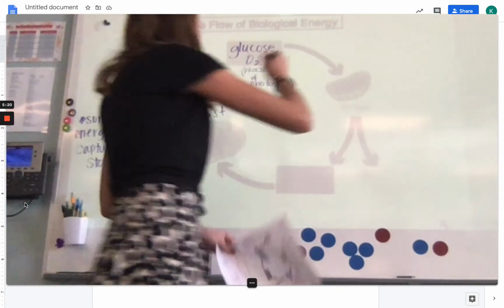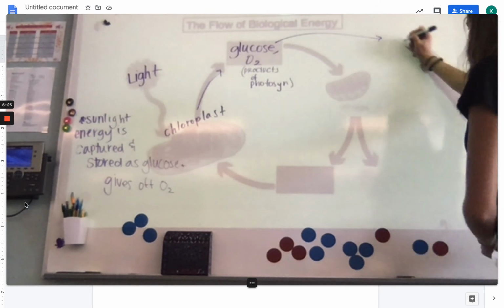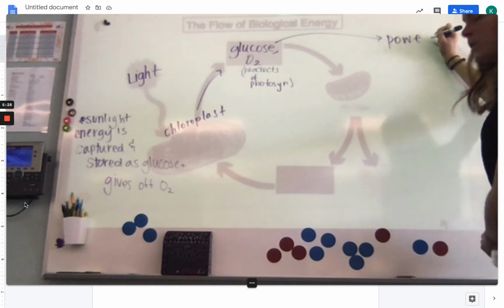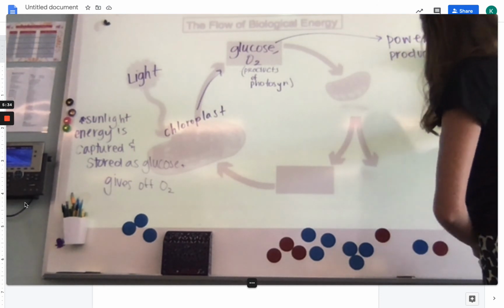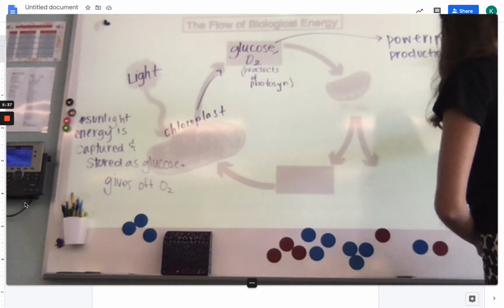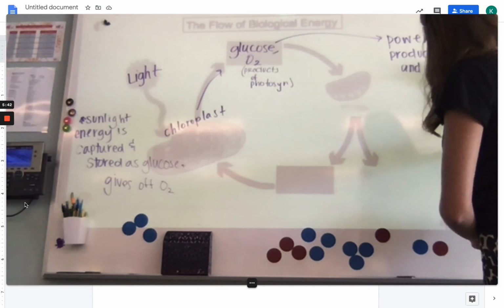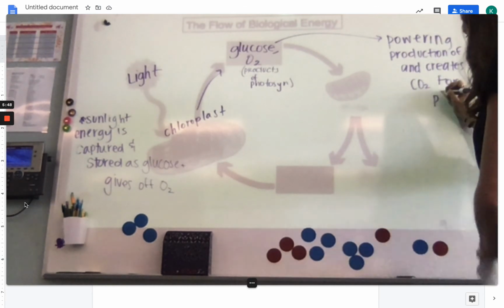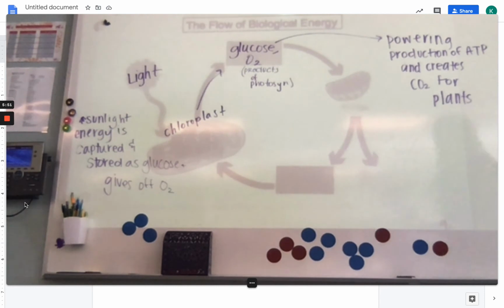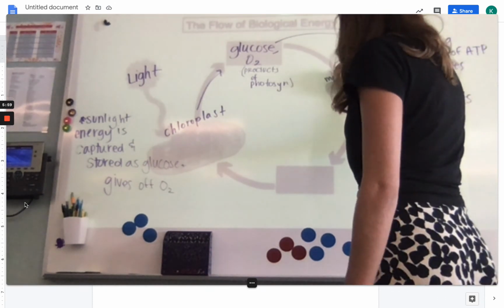Okay, and glucose, we know that glucose is powering the production of ATP. And it's creating CO2 for plants. Okay, so we know that our glucose and oxygen are going into our mitochondria.